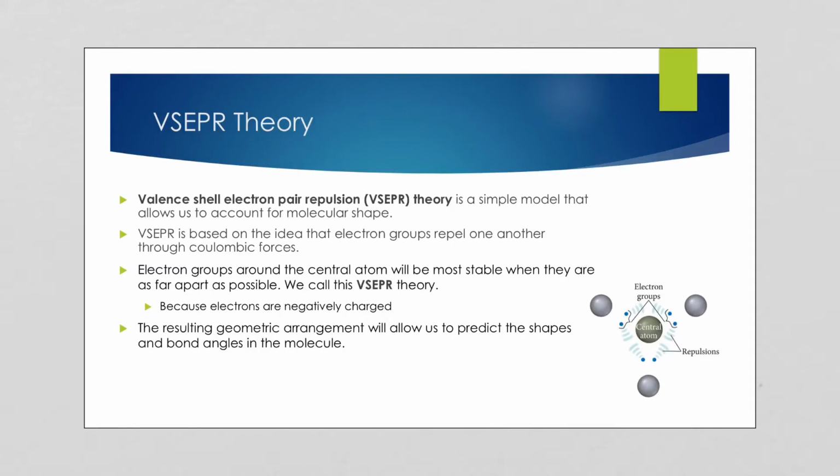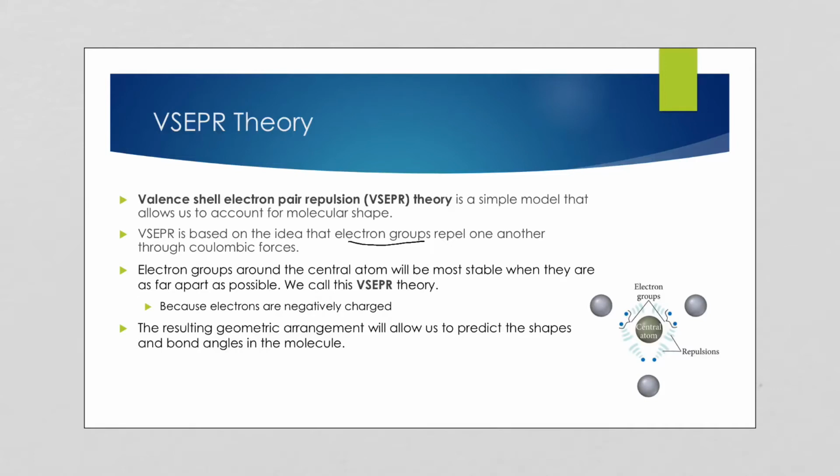So the premise behind VSEPR is that it utilizes the electron environment around the central atom in our Lewis structure and bases the idea that electrons want to get as far apart from each other as possible. So we think about the surrounding of the central atom in terms of electron groups. And an electron group can be one of essentially four things, right?